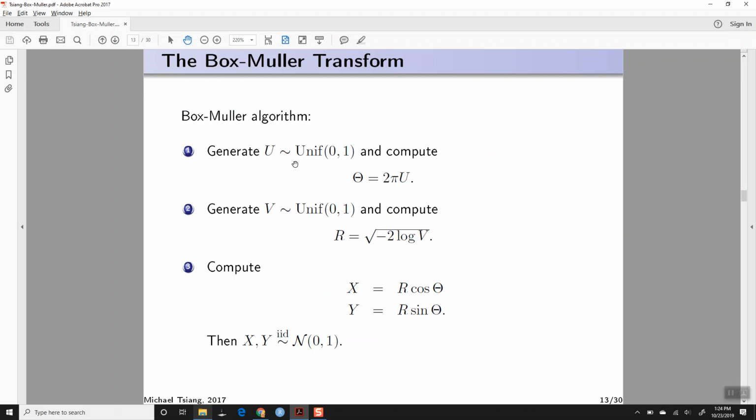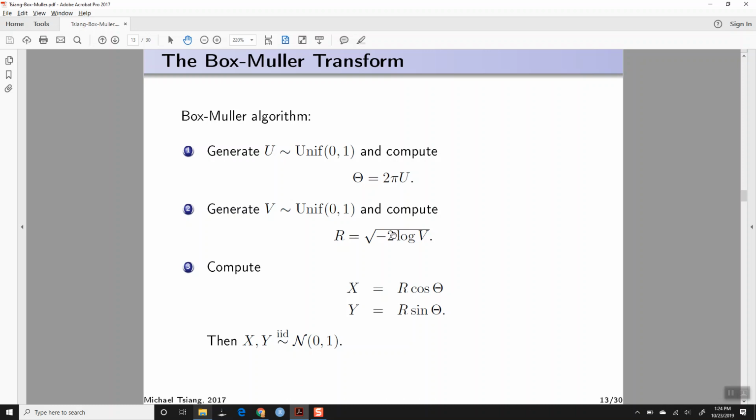Okay, so putting it all together, you take two uniform values, uniform from 0 to 1, and then you multiply one by 2 pi to make it on the range 0 to 2 pi. You generate another uniform on 0, 1, and you use inverse CDF: -2 log of whatever this value is, v, will be exponentially distributed with lambda equal to 1/2.